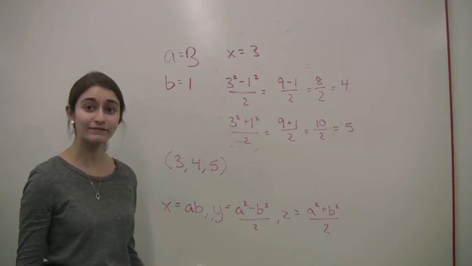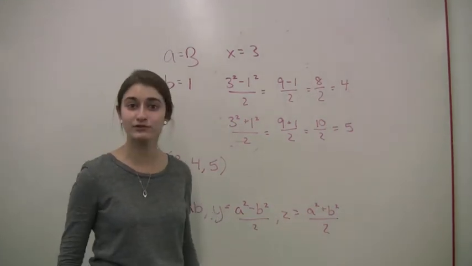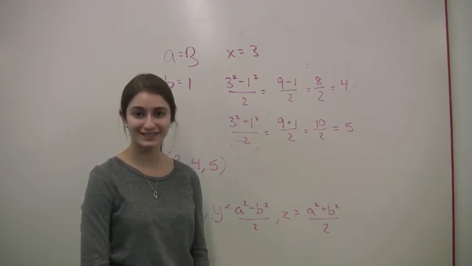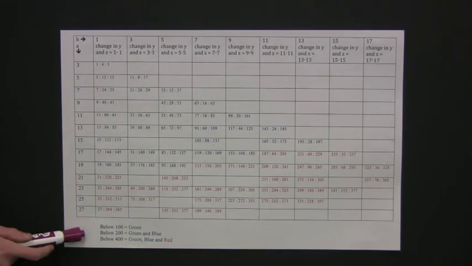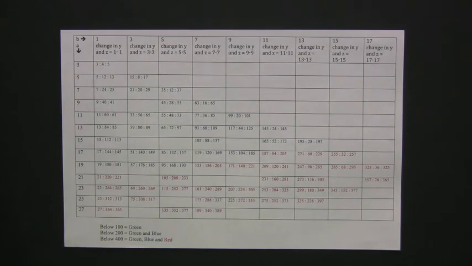We will now reference a table showing all of the Pythagorean primitive triples under 100, 200, and 400. As you can see, this table represents the same rules that we just found. A must always be greater than b, with b always less than a.